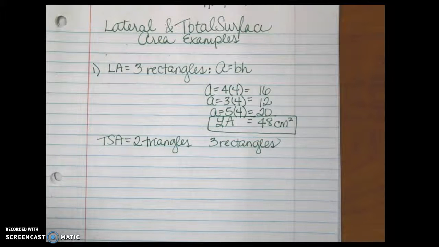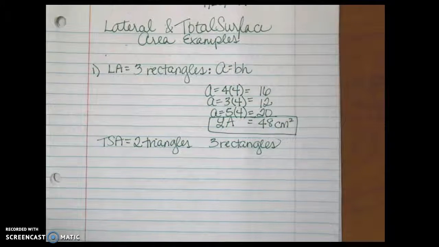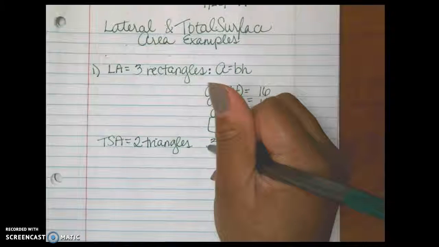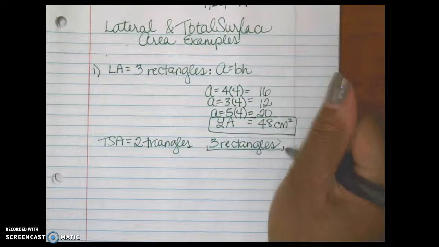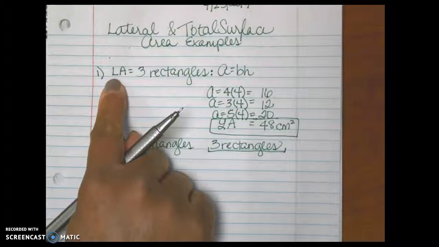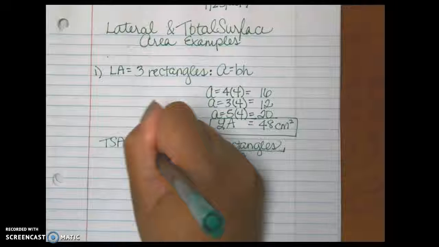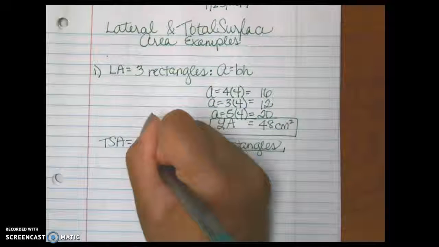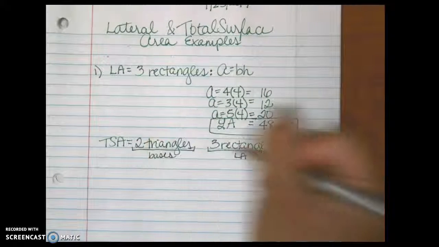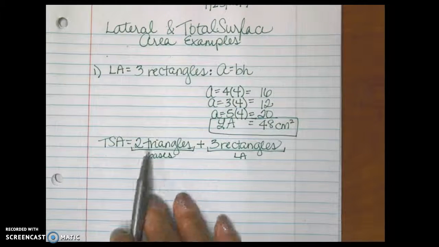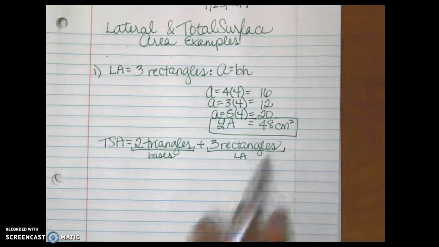I'm sorry, say that again. Yes, ma'am. Okay, so the 3 rectangles are my what? My lateral area. And the 2 triangles are my what? Bases. And what am I doing with them? Adding them. Okay? So it's 2 triangles plus 3 rectangles.